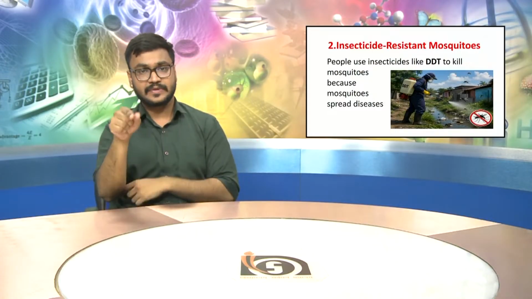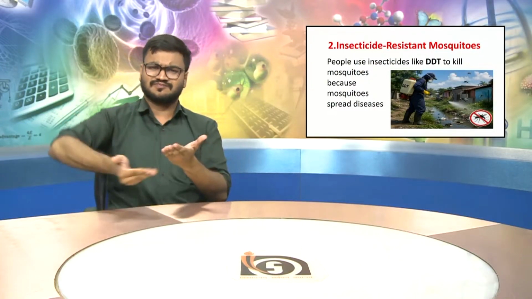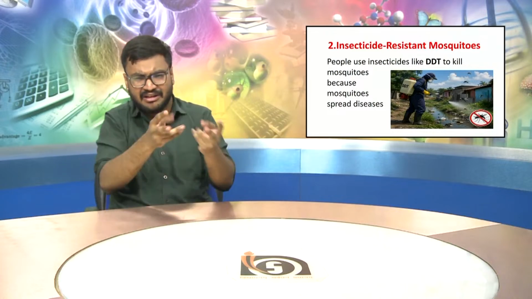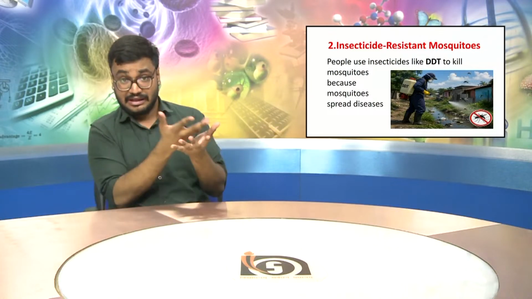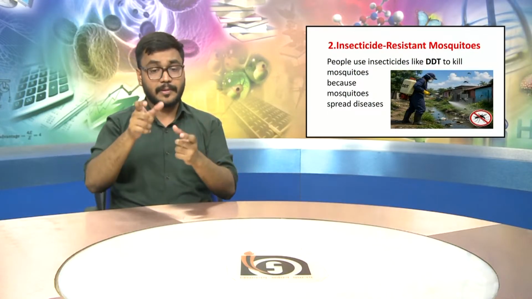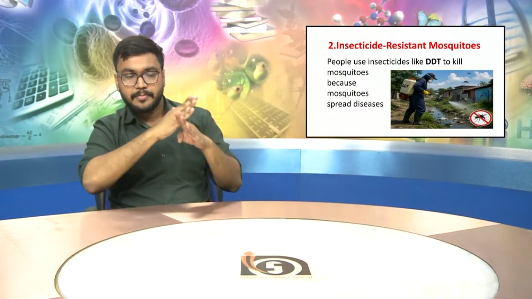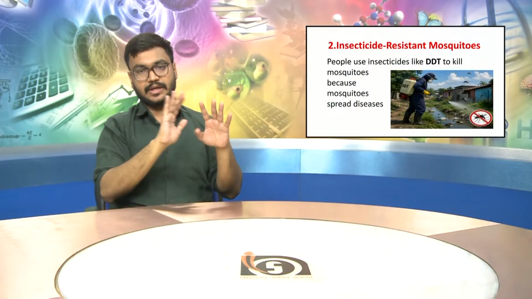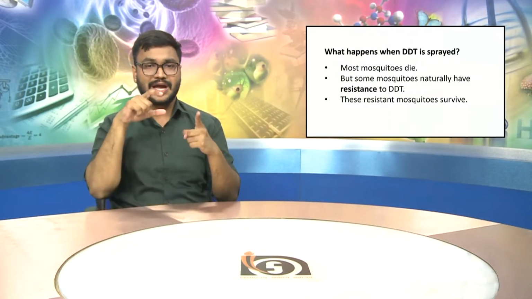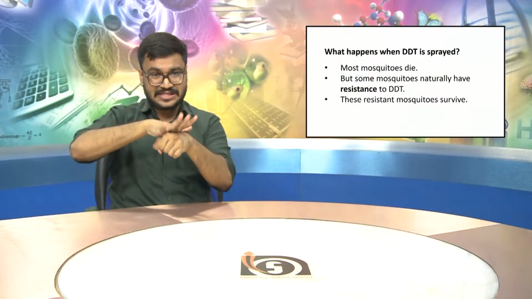And the second example, we had seen insecticide resistant mosquitoes. People use insecticides like DDT to kill mosquitoes because mosquitoes spread diseases. So, what happens when DDT is sprayed?